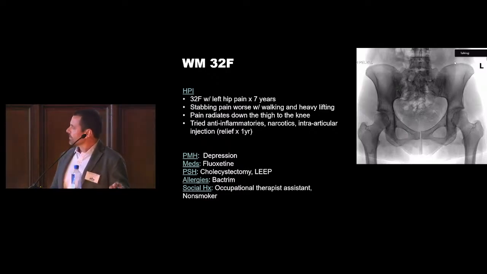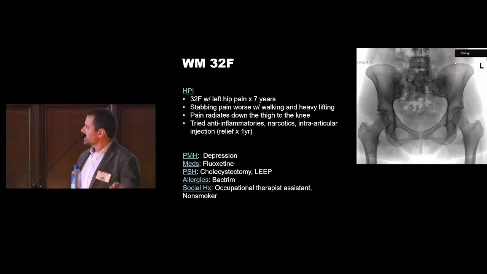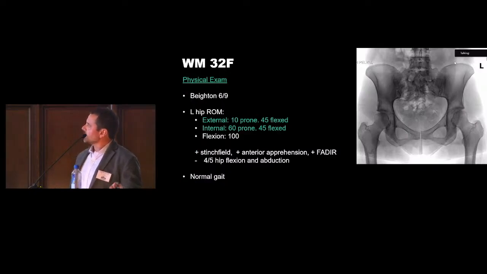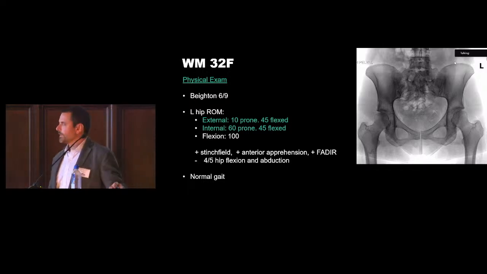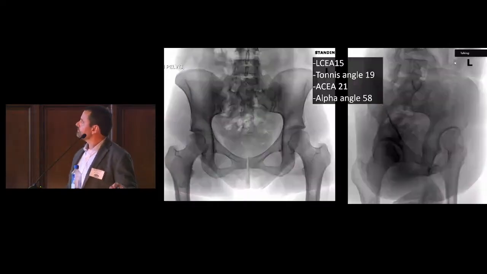She exhausted and failed conservative management, nothing out of the ordinary in the rest of her medical history. Her exam demonstrated some hypermobility. She had tons of internal rotation, both prone and flexed. And then the other provocative exams are listed there. She did have some mild weakness, and her gait was normal.